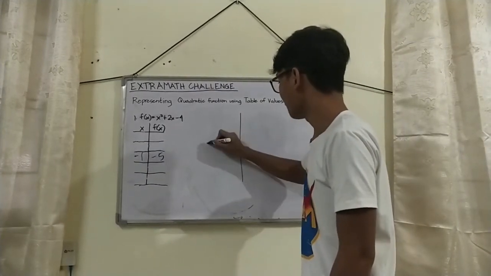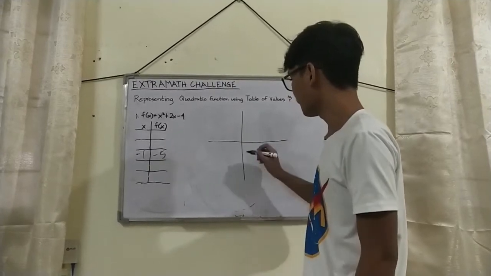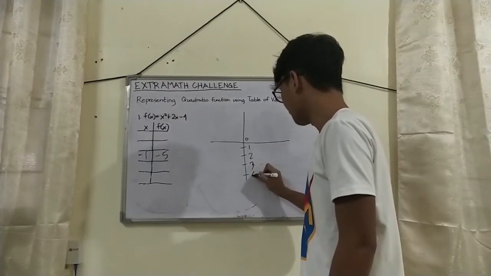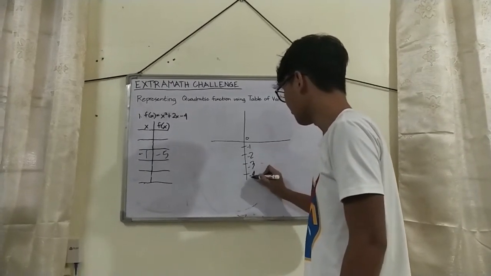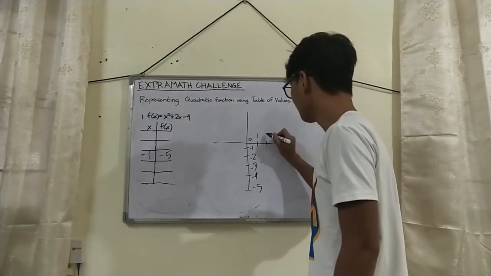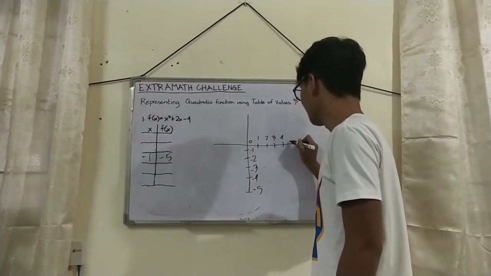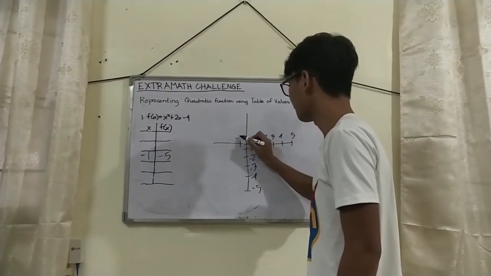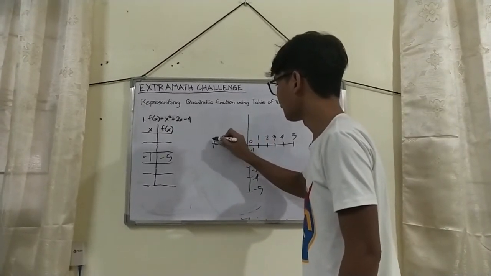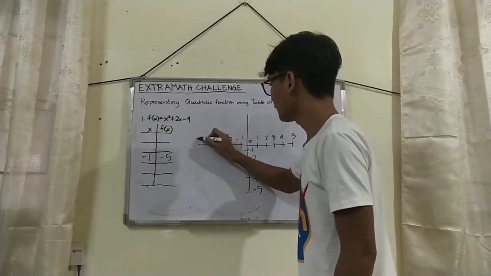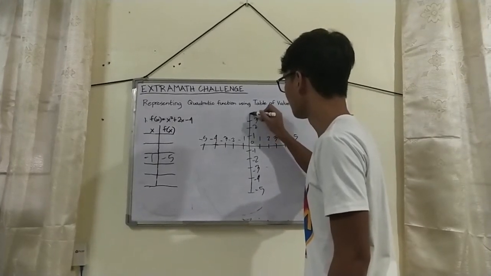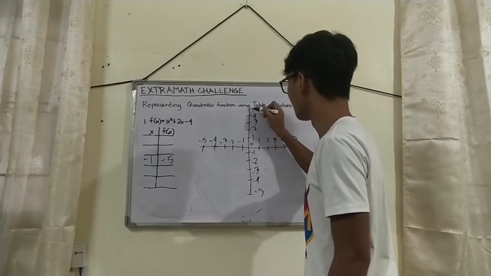So, we'll draw a graph, a Cartesian plane. This is 0, we have 1, 2, 3, 4, 5 in each direction, and we have here also negative 1, negative 2, negative 3, negative 4, and negative 5, and 1, 2, 3, 4, and 5.